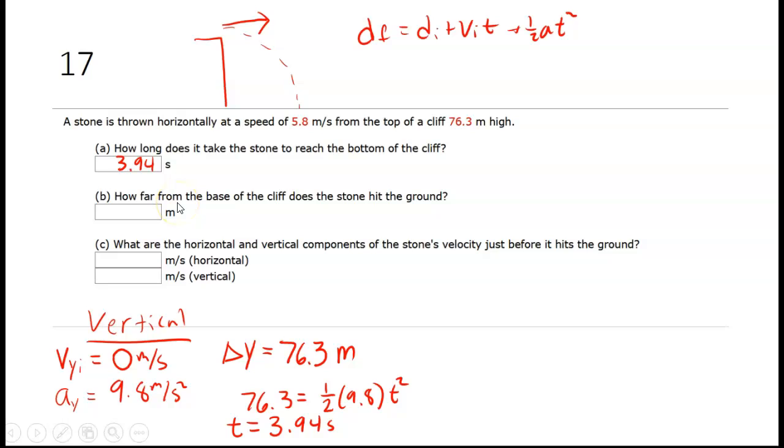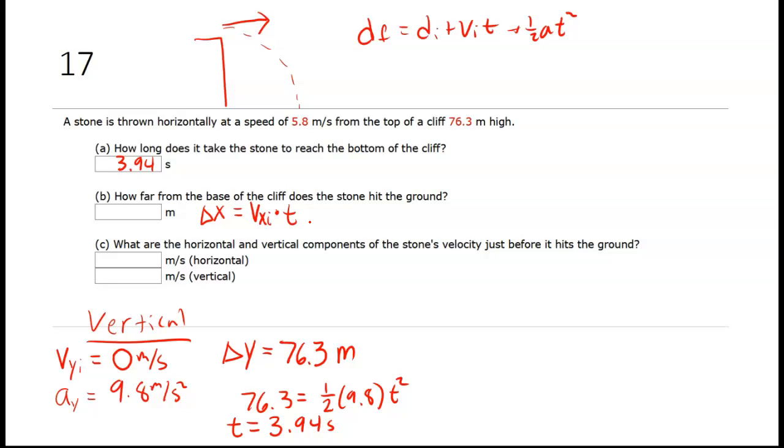Once I know how long it's going to be in the air, because we have 0 horizontal acceleration, whether it's a horizontal launch or something launched at an angle, my horizontal displacement is just the product of my initial horizontal velocity and time, because it is constant horizontal velocity.